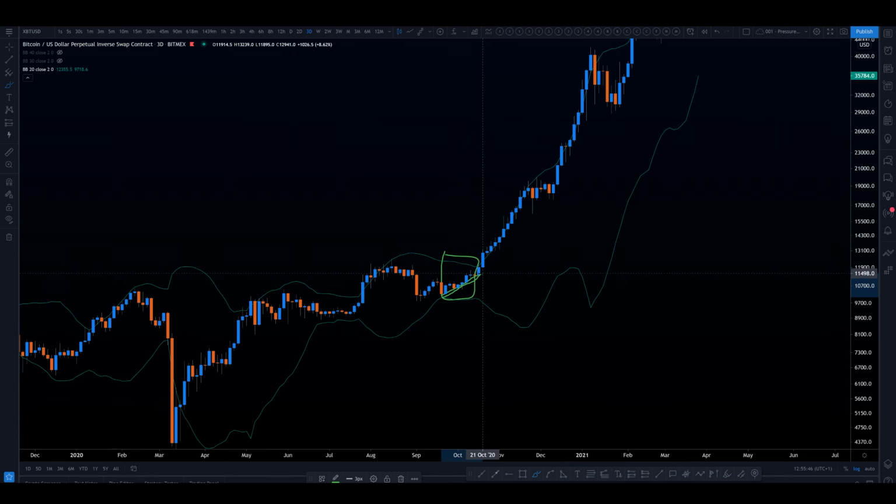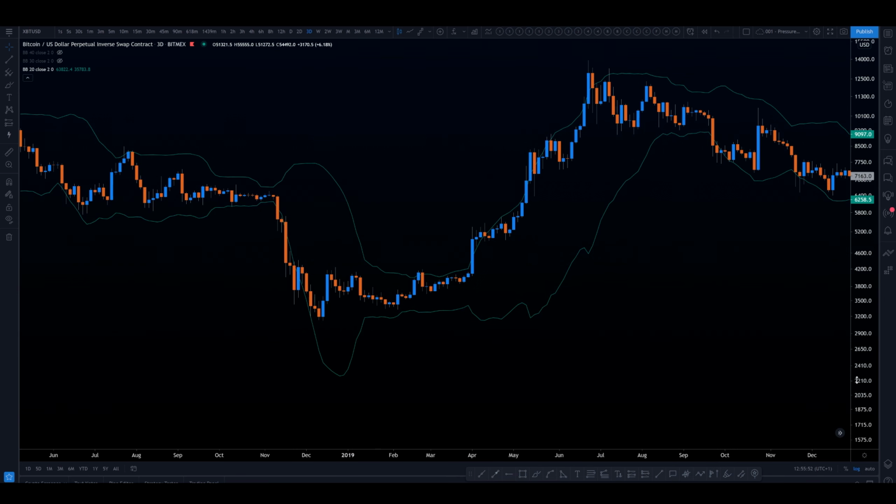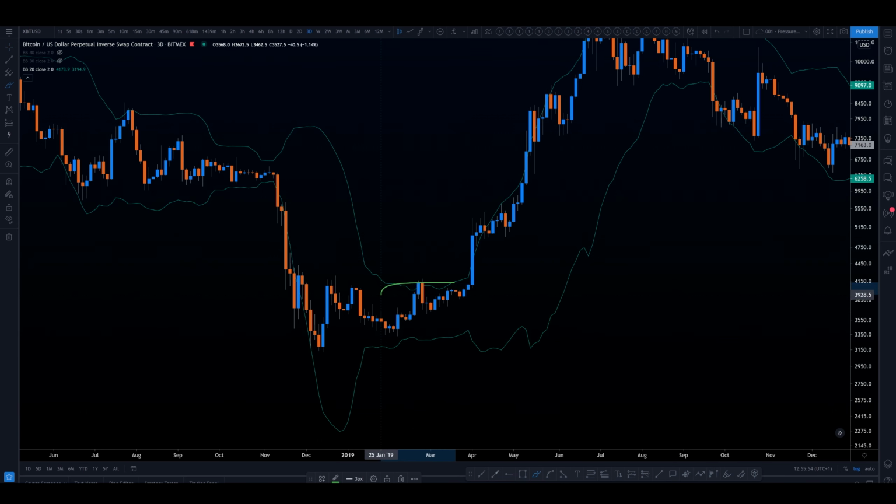It's grinding up and it's ultimately breaking up. Let's take another example. Here you can see you have a narrow trading range. It's grinding up. It's breaking up.